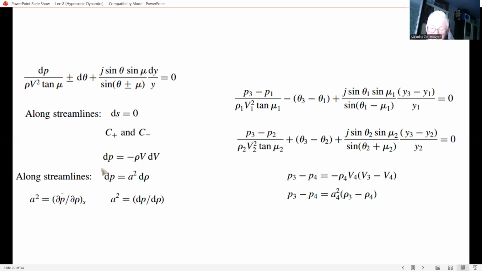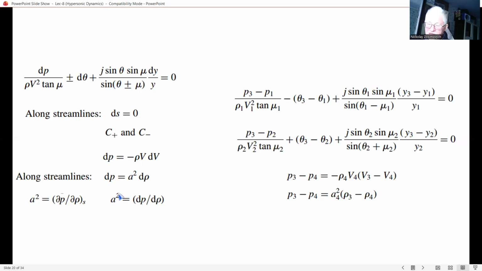And along a streamline, we may write the next equation too, dp equals a squared times d rho. Both of these equations are the familiar Euler equation that holds along a streamline in a rotational flow, and it can be readily obtained by a suitable manipulation of the previous equation, along with the definition of a streamline.